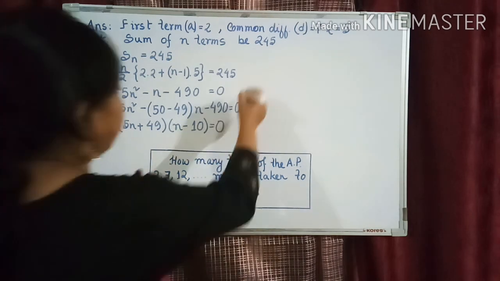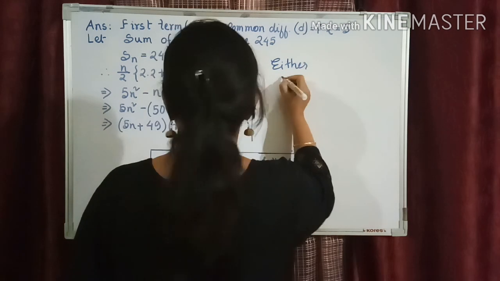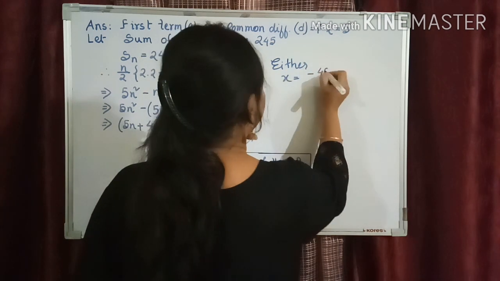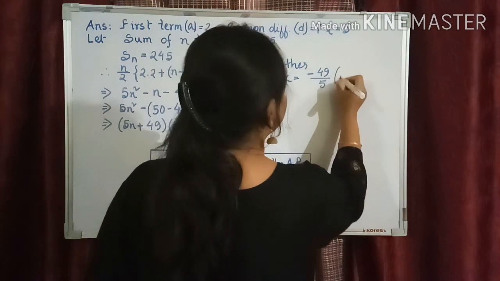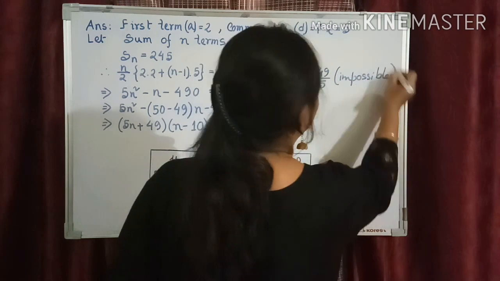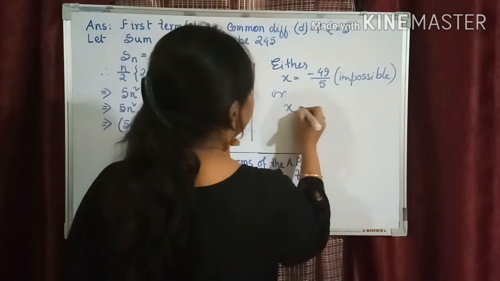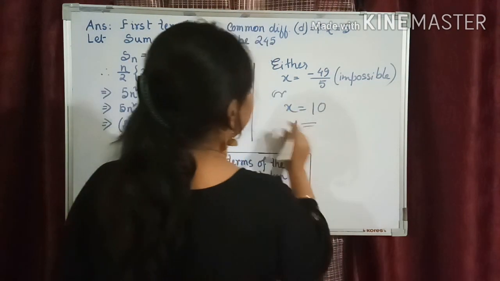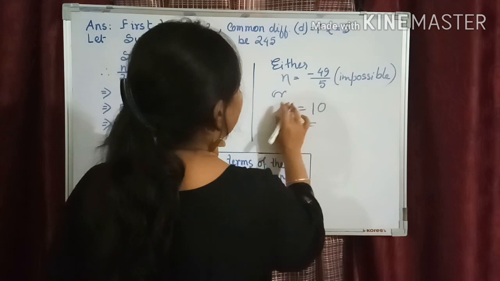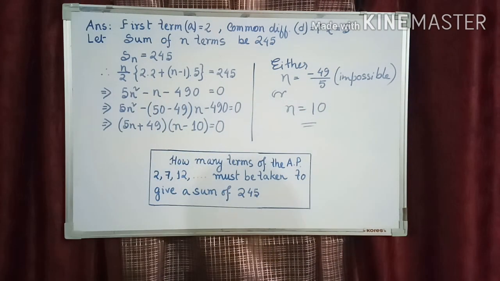From these two factors we will get either n equal to minus 49 by 5, which is impossible because n is the number of terms, so n cannot be a fraction, or n equal to 10. So our required number of terms will be 10.